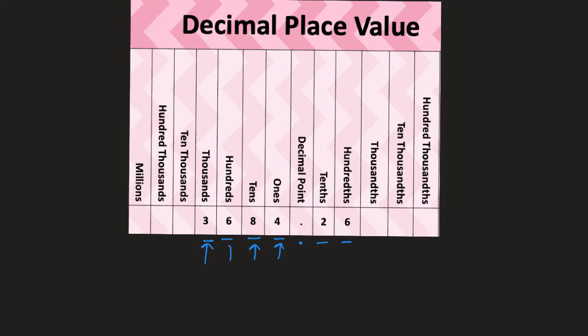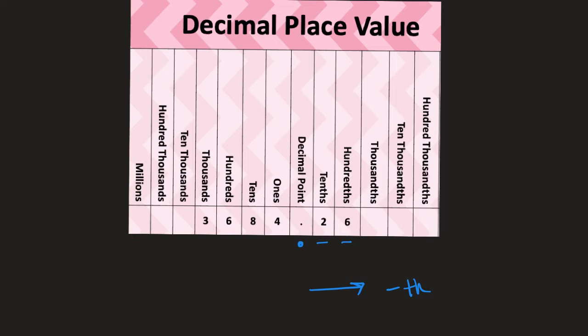If you work from the decimal, you can see, okay, there's 4 ones, 8 tens, 6 hundreds, 3 thousands. Okay, and then if you look to the right of the decimal point, they all end in a TH. Okay, so that's how you know what side of the decimal point you're using.